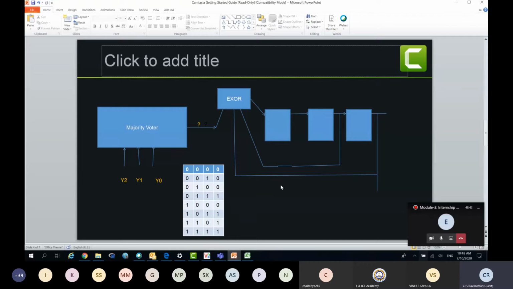Now let us pretend that we had put 0, 0, 0 in this register. 0, 0, 0 has been put into this LFSR. Okay, so I had initialized it to 0, 0, 0.